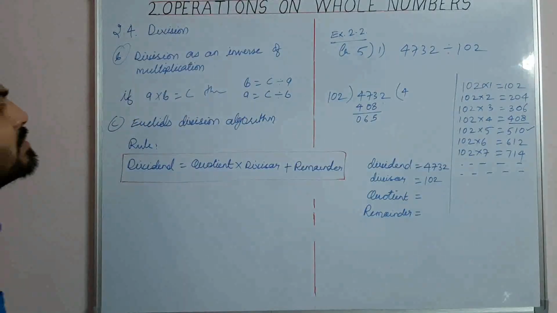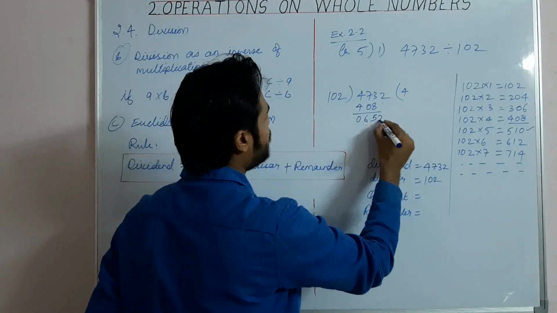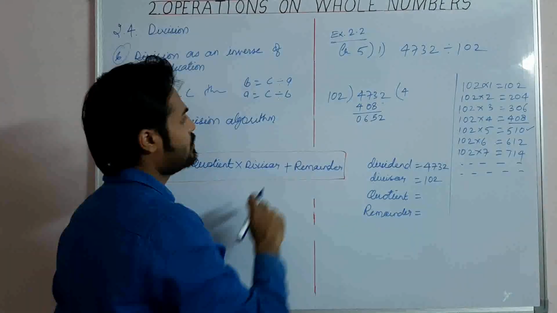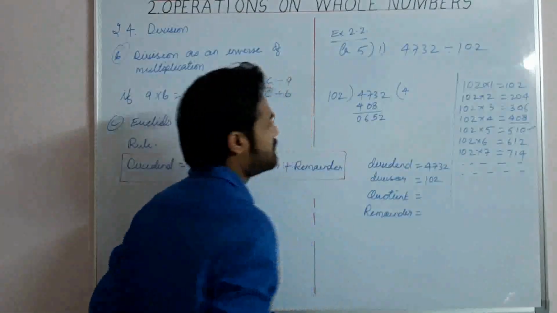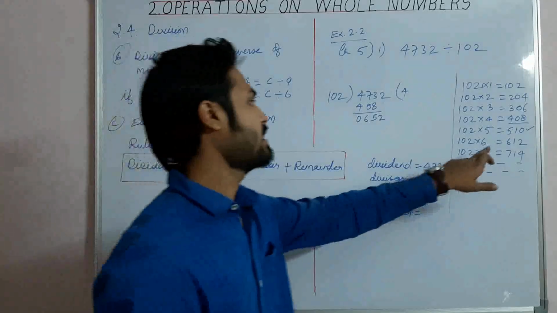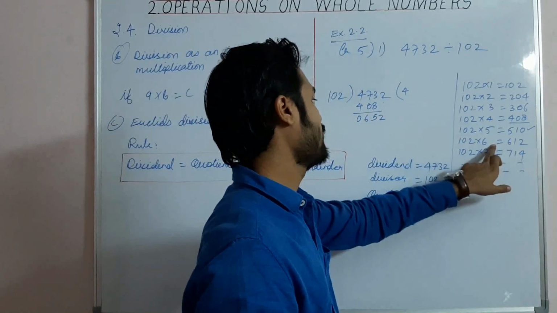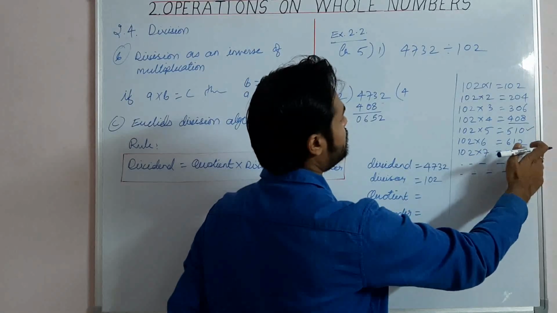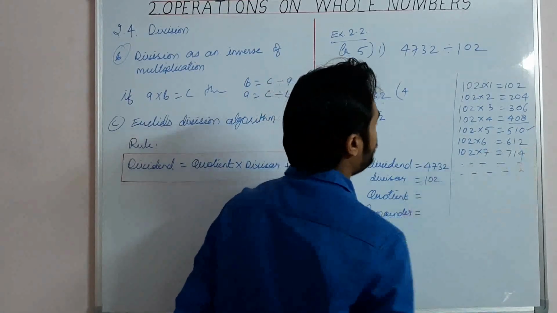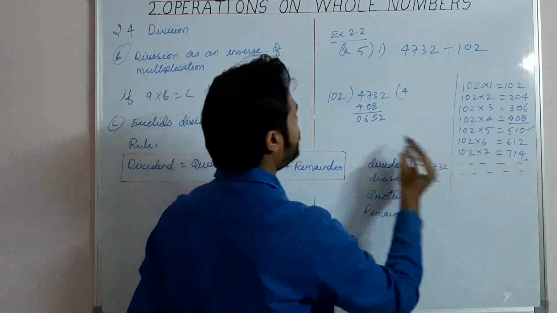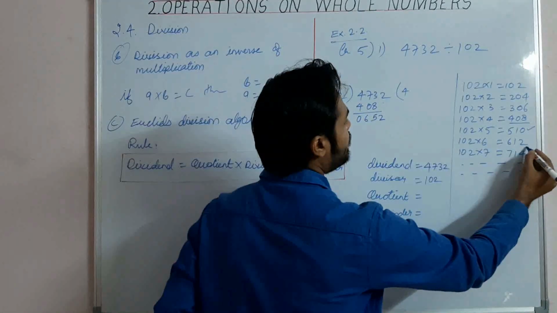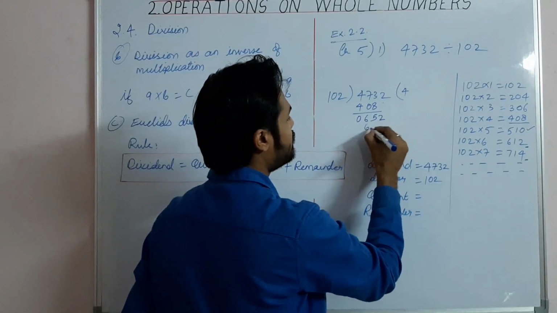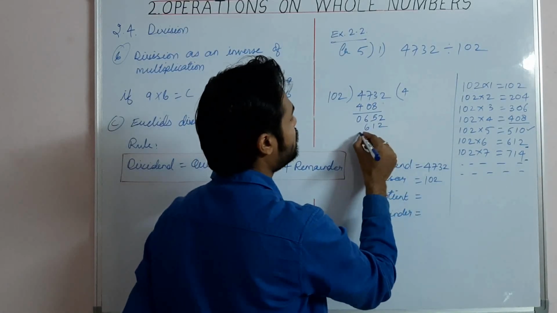Now in the next step again we'll bring down 2 here. Now 652 is greater than 102, so again we will check the table. By checking the table by inspection, after 510 we have 612 and 714. 714 again is greater than 652, so we'll take the largest value which is less than 652, 612, so we'll write 612 here.